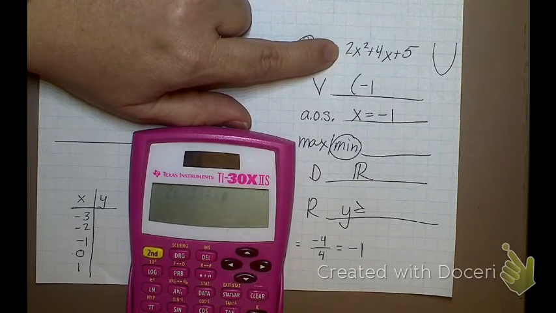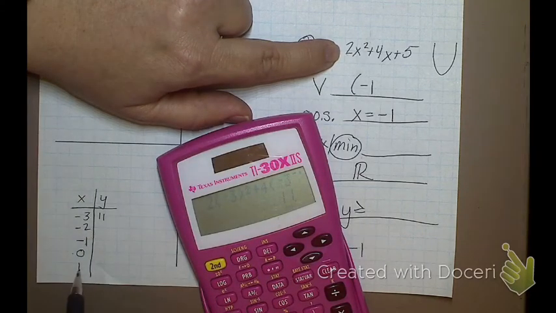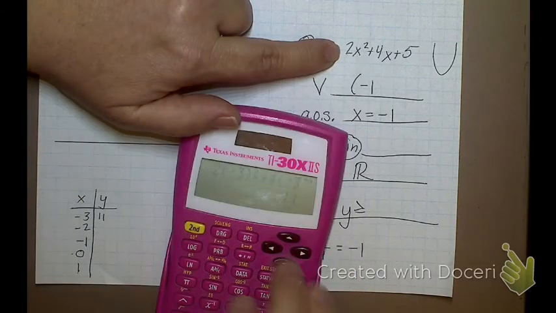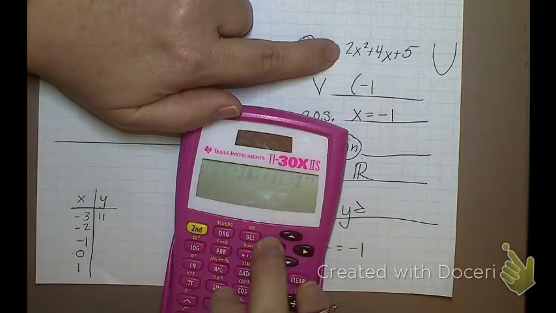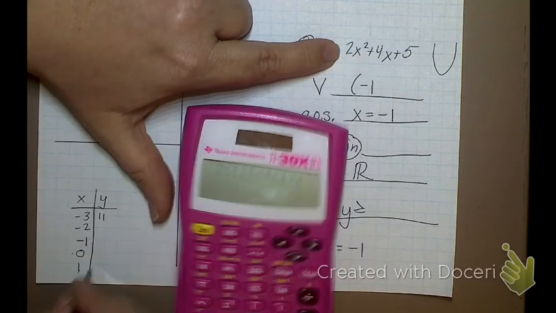Plus 4 times negative 3 plus 5. I get 11. Now, if I did this correctly, and that is my vertex, 1 should also get me 11. So let me try 1 here. Yay! It's looking promising.